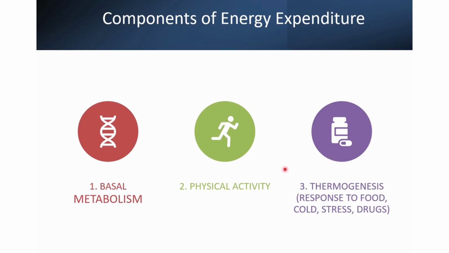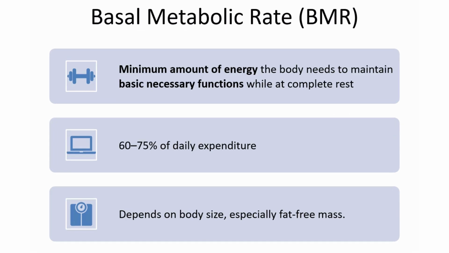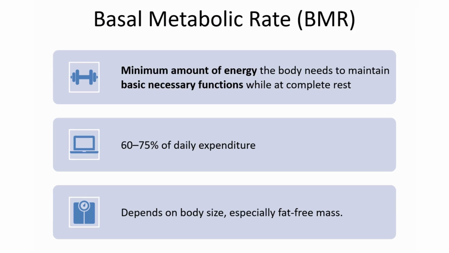Energy expenditure is made up of three components: basal metabolism, physical activity, and thermogenesis. Now let's discuss these energy components. The largest component of energy expenditure for most individuals is basal metabolic rate, or BMR.